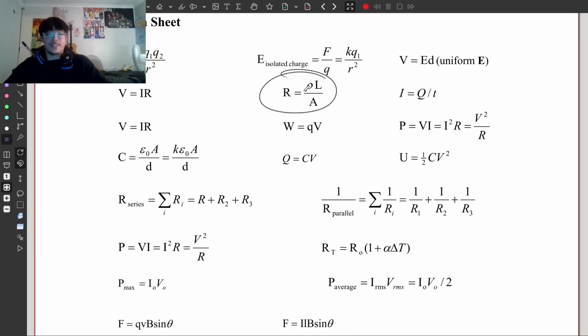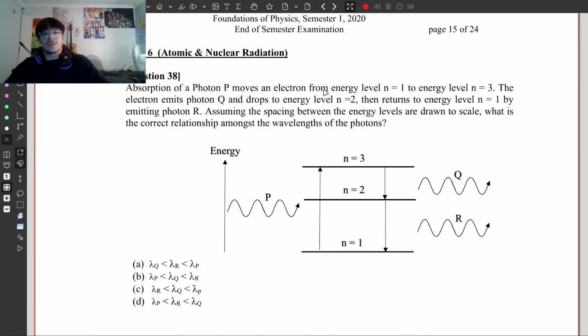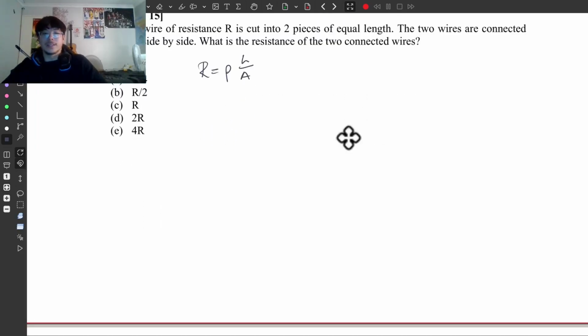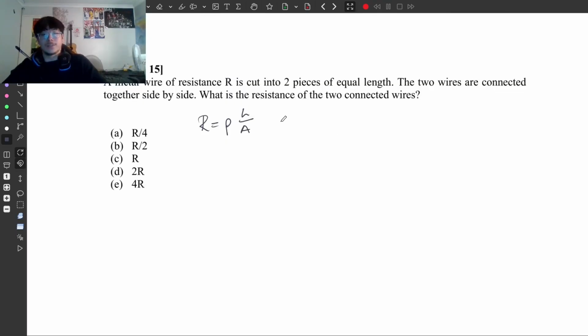So your resistance is equal to your resistivity, your rho value, times the length of the wire, over the cross-sectional area of the wire. So if you have a wire here, then this is the length, and the area of this circle is A. So R is equal to rho L on A. Now, if we cut the wire in half, our new value for L is now going to be L on 2.